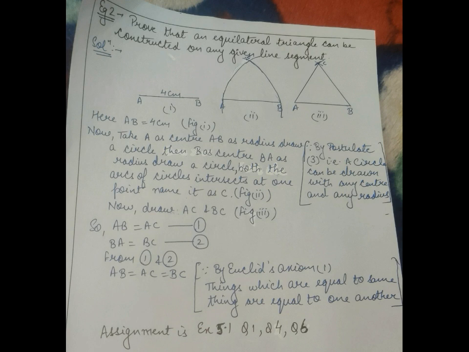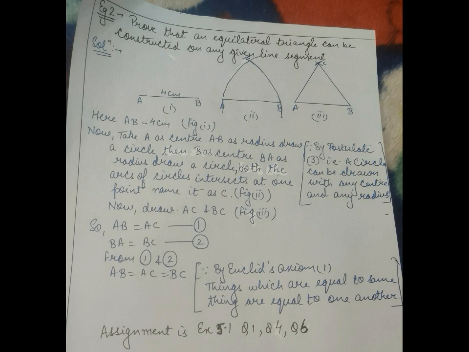Now in figure number 2, I have taken A as center and AB as radius, and then I have drawn a circle. Then I have taken B as center, BA as radius, and drawn another circle. Now both the arcs of the circles intersect at one common point, and I have named it C. That is our figure number 2.